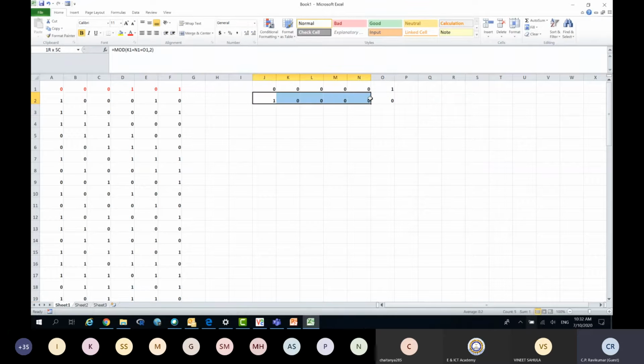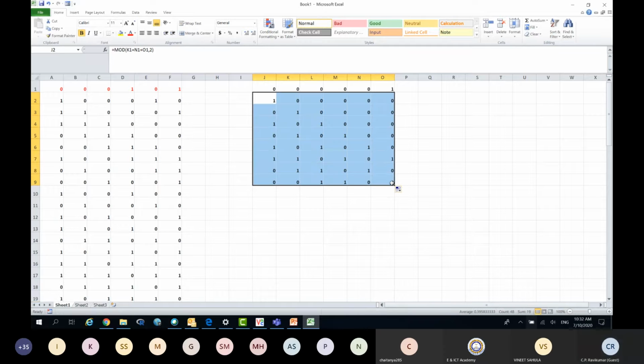And then let us drag this to the next value. So I get a different state and so on. So far nothing seems to have repeated. I want to know whether 0, 0, 0, 0, 1 will repeat.